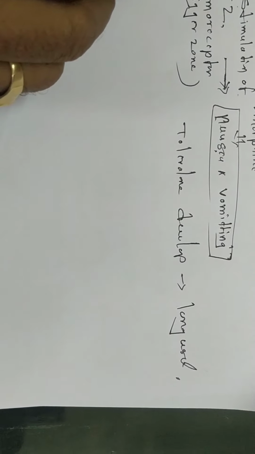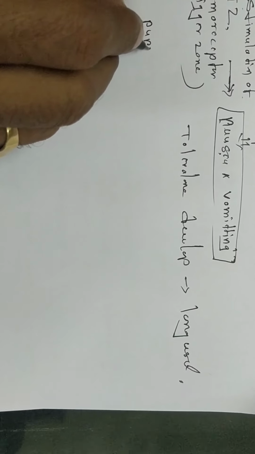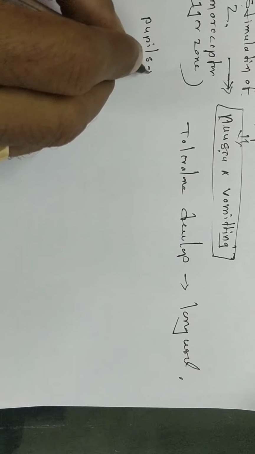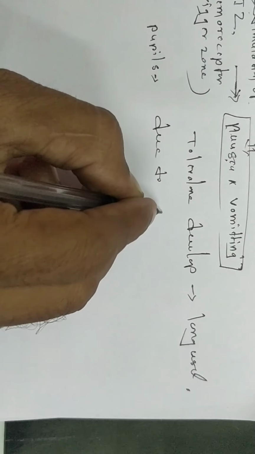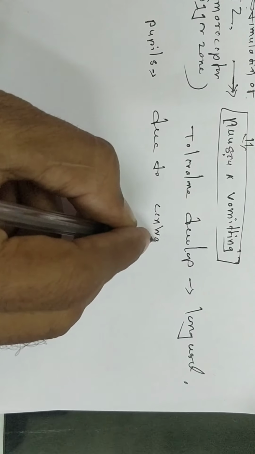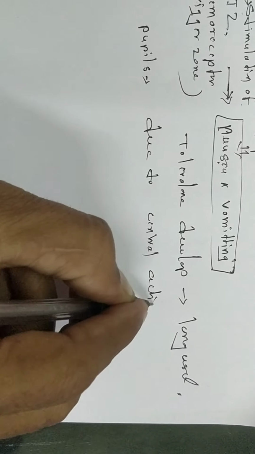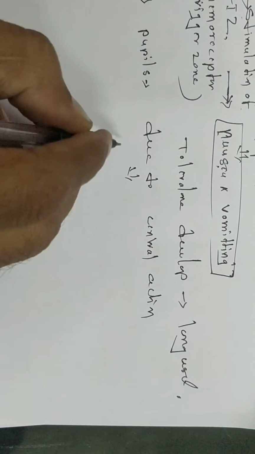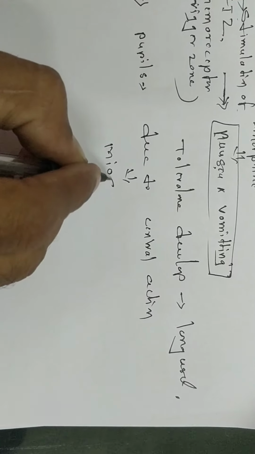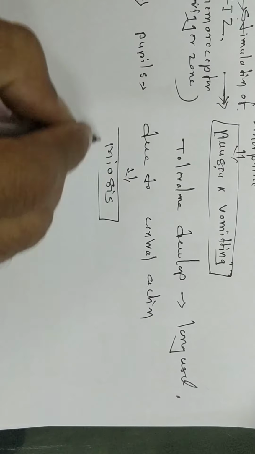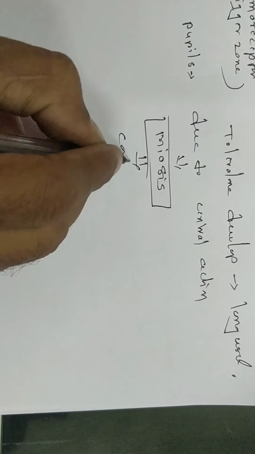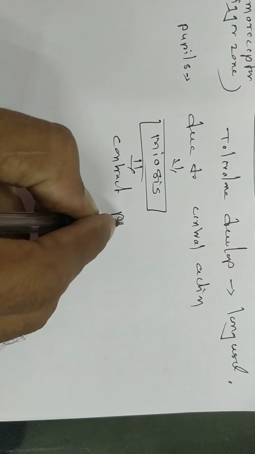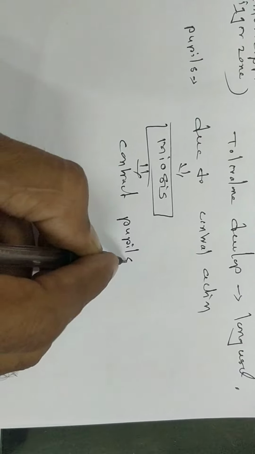Another action next is on the pupils. Due to the central action, it causes miosis, that is, it contracts the pupils.